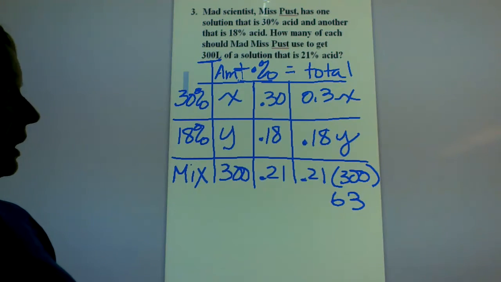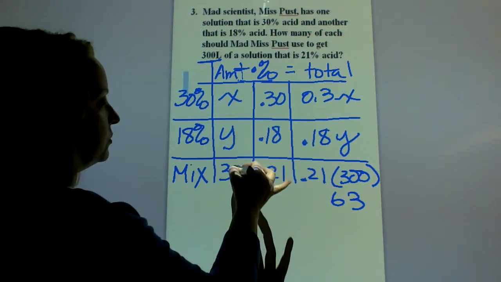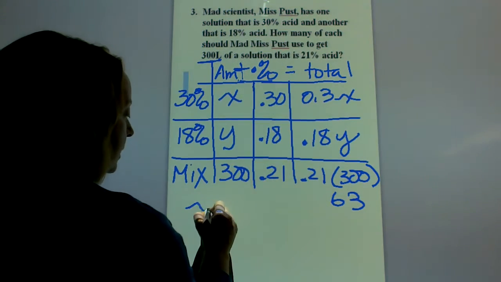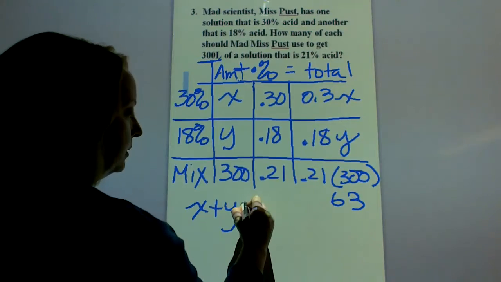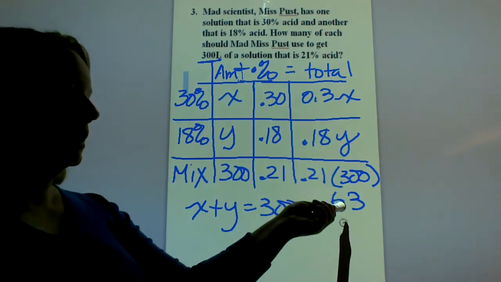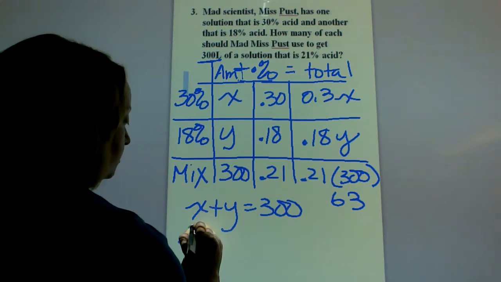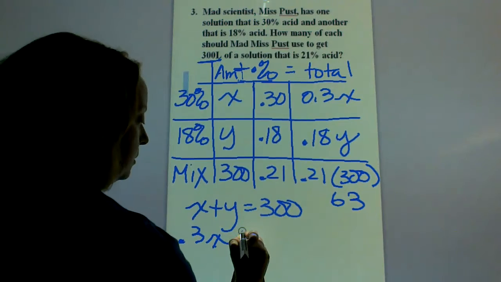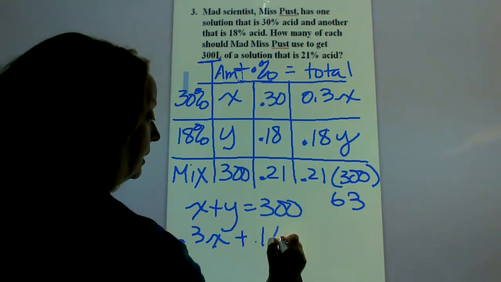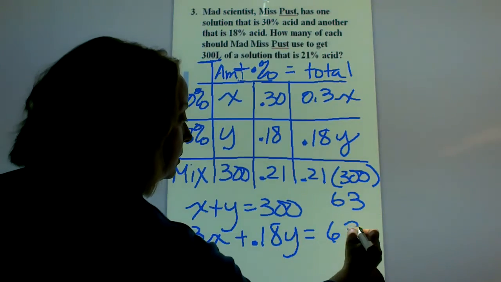Now, from the table, I can actually get two equations here. One of them comes from this column: x plus y is 300. And then the last one comes from the last column. So it's going to be 0.3x plus 0.18y is going to equal 63.